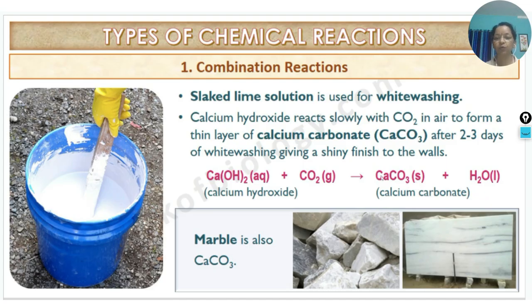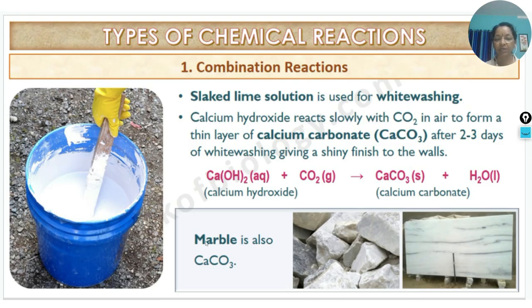That is the reason why we use calcium hydroxide for whitewashing. Calcium carbonate is produced by absorbing carbon dioxide from the atmosphere. When we apply the slaked lime on the wall, it will be dull looking, but after a few days you can see that it is becoming shiny.